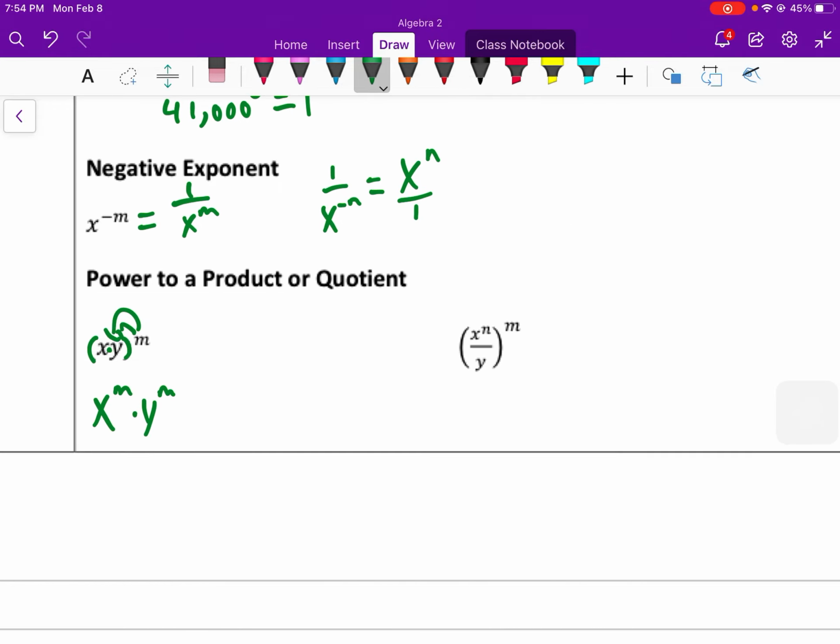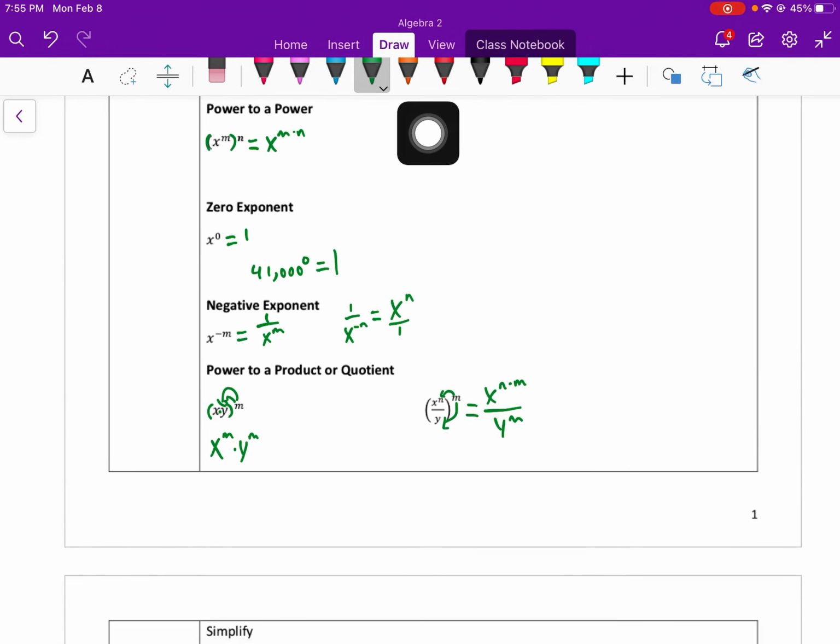And then for now division, it's x to the n over y to the mth power. You're going to distribute that to the top and to the bottom. So then you have x to the n times m. Since it was power to a power, it's going to be multiply over y to the m.